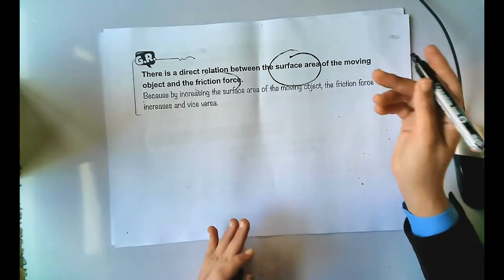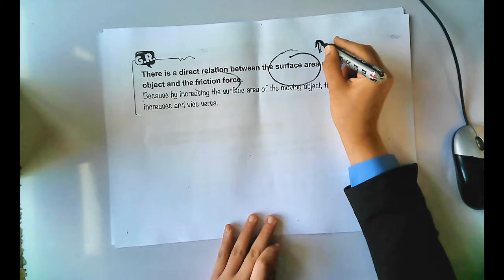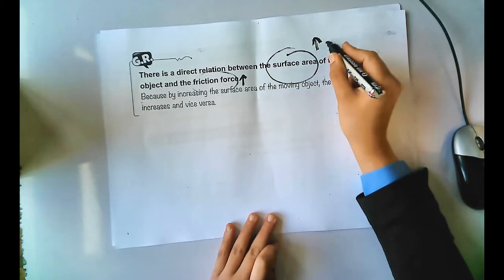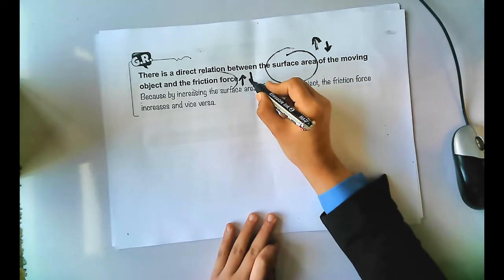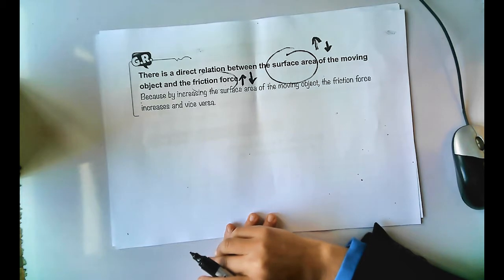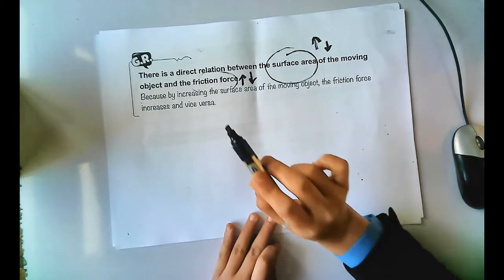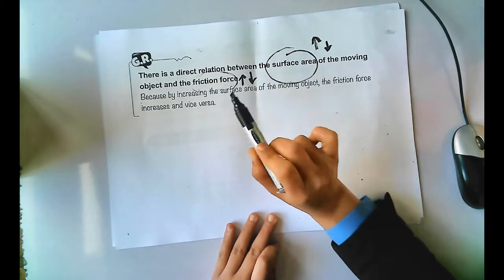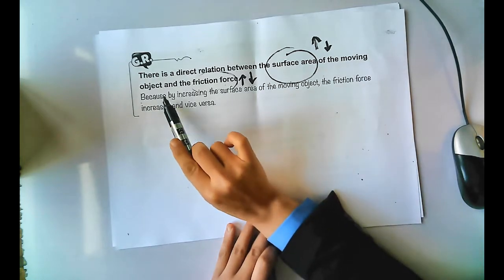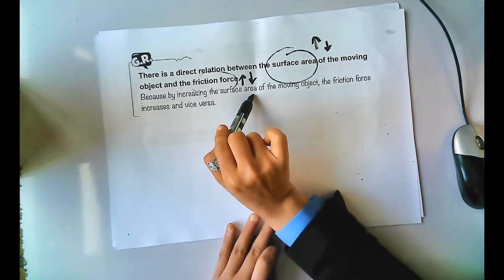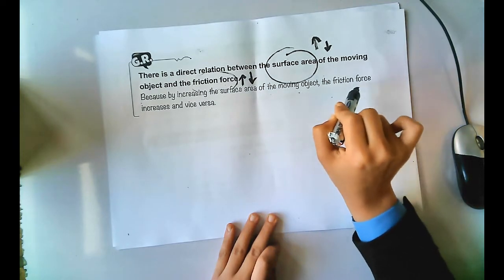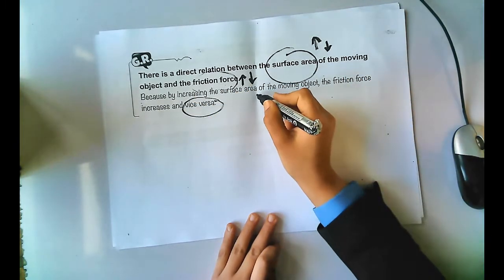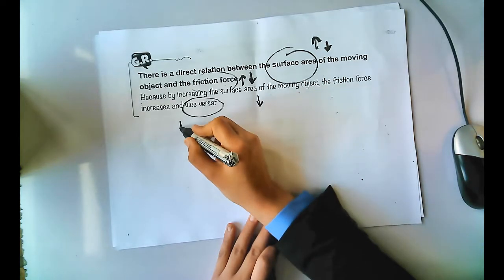Direct relationship means if the surface area increases, the friction force increases. If the surface area decreases, the friction force decreases. By increasing this, this increases. By decreasing this, this will decrease. So here is the answer: by increasing the surface area of the moving object, the friction force increases, and vice versa. What does vice versa mean? Meaning if this decreases, this also will decrease.